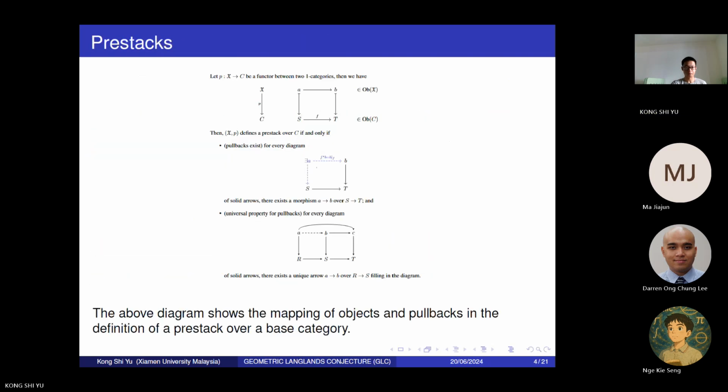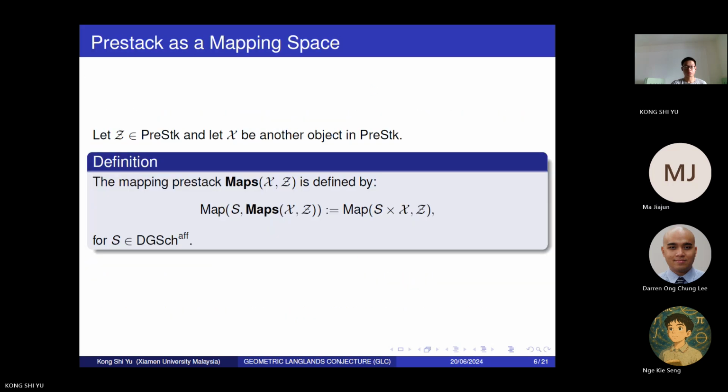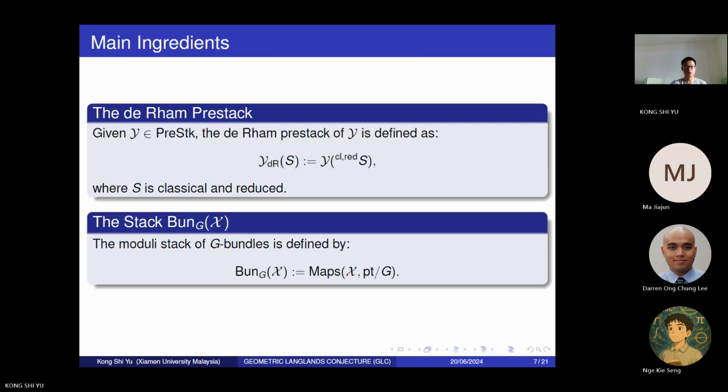Can you give me the definition? Oh, you mean if this is a torus, right? So what is Bun_T, and what is X here?